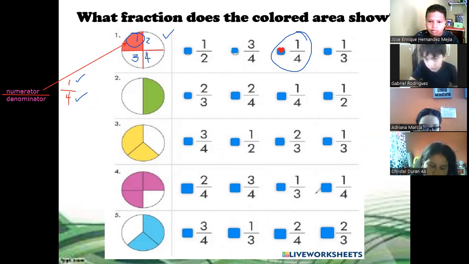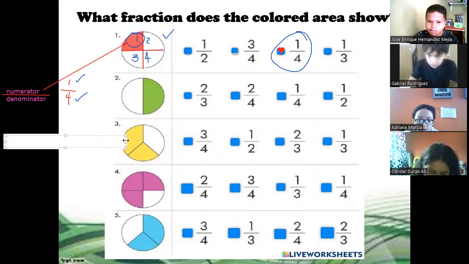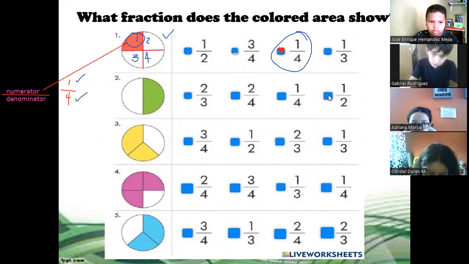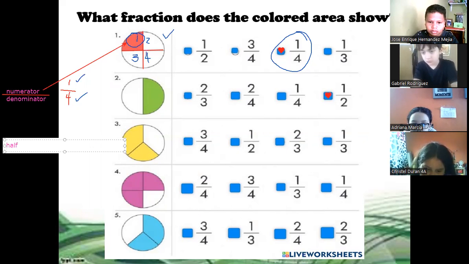Second one, you have 2/3, 2/4, 1/4, and 1/2. 1/2. What do the rest of the students think? Okay, I have another observation about the way you pronounce the word half. In this word, the letter L is a silent letter.